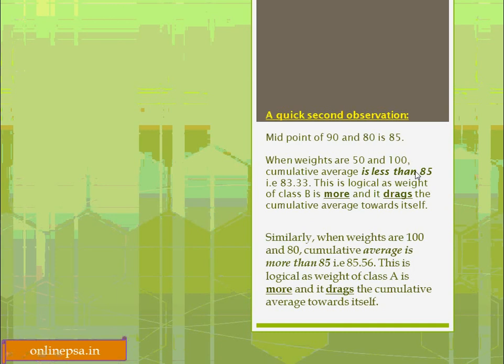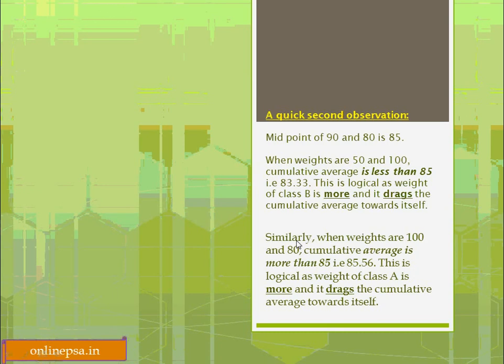And this is logical. Why? Because the weight of class B, the number of students of class B, is more than the number of students of class A. And that's why the cumulative average drags from 85 to a value which is lesser than 85, and that is 83.33.